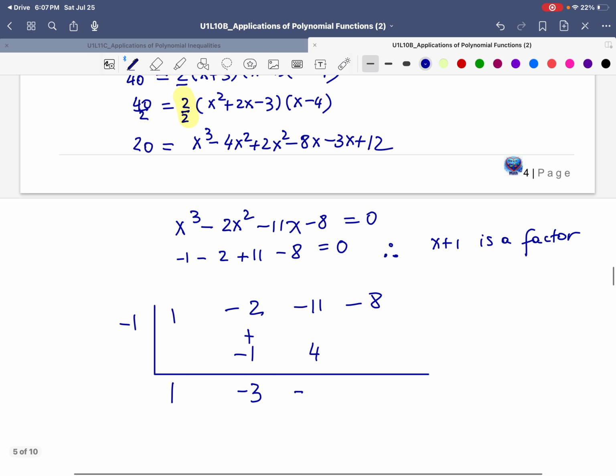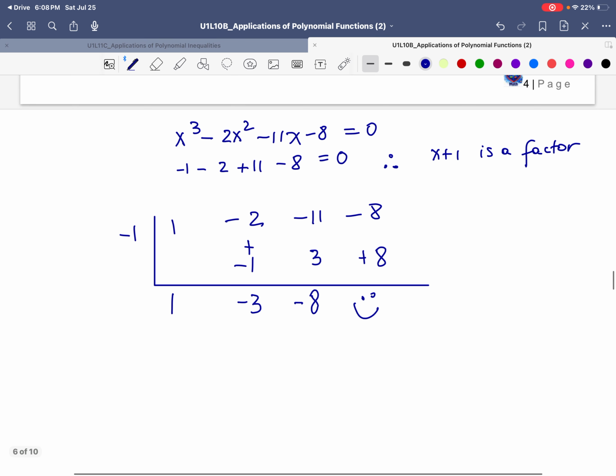So negative 1, positive 1, negative 3 times. So that will be negative 11 plus 3 is going to be negative 8. And here we go, positive 8 and 0. So we have x plus 1, x squared minus 3x minus 8 equals 0.